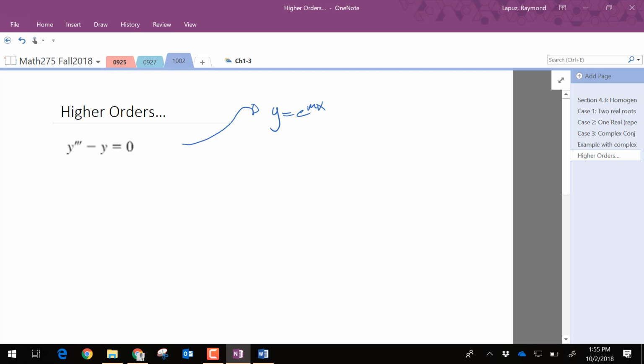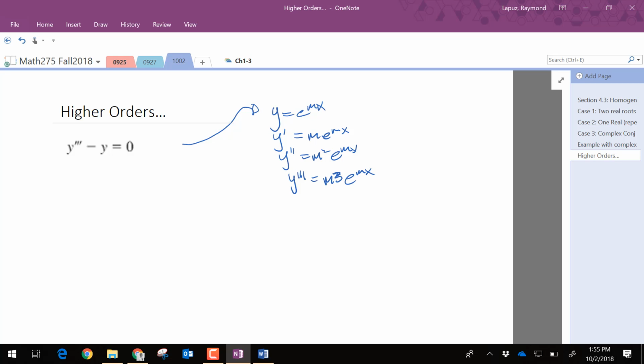We need some derivatives here. y prime is m e to the mx. y double prime is m squared e to the mx. y triple prime is m cubed e to the mx. So you can see the pattern here also, right? It looks like the powers for your characteristic equation match the number of derivatives in your original differential equation.